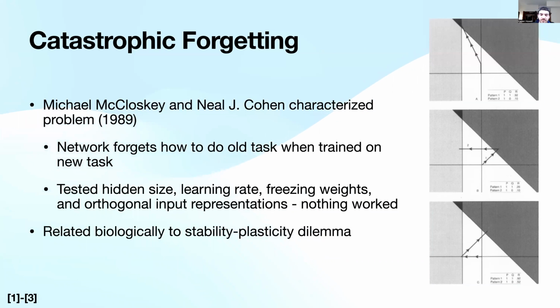If you consider a 2-input, 1-output perceptron, in some kind of weight space, let's just say the weight space is this diagram on the right. We want to classify two different patterns. Say one pattern, 1, 1 maps to 1. The other pattern, 1, 0 maps to 0. That's all we care about right now.